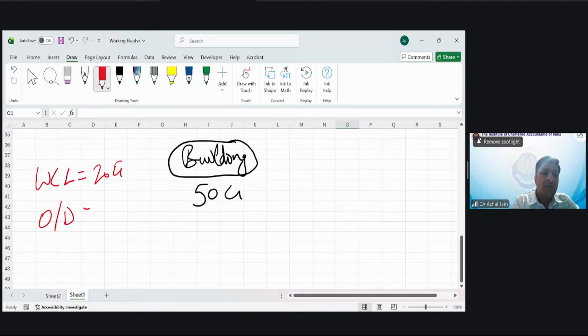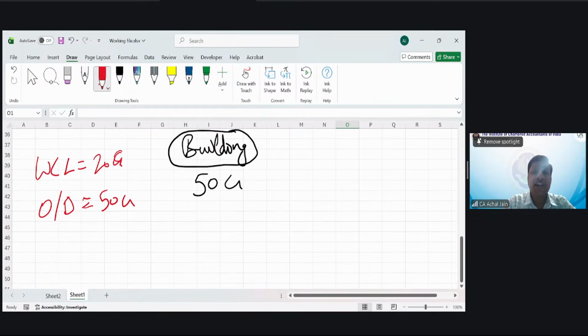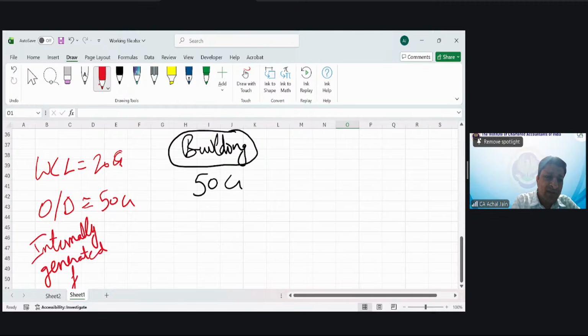Say there is an overdraft of say 50 crore. And let's suppose the company is already operational, so they are setting up another plant. So one of the plants is already operational. So the company is also generating some funds because the business is going on. So the company is also churning funds. So you can say there are internally generated funds as well. Now we don't know the amount.